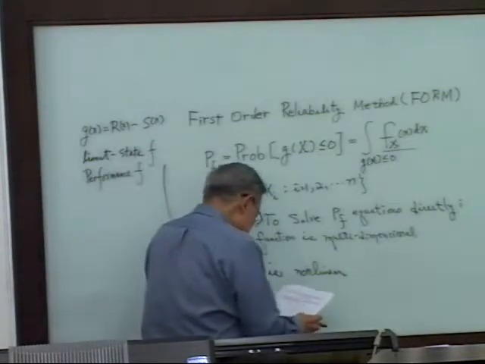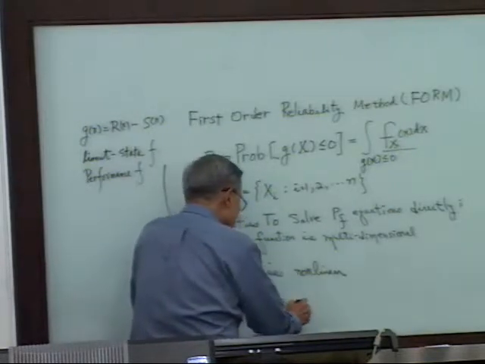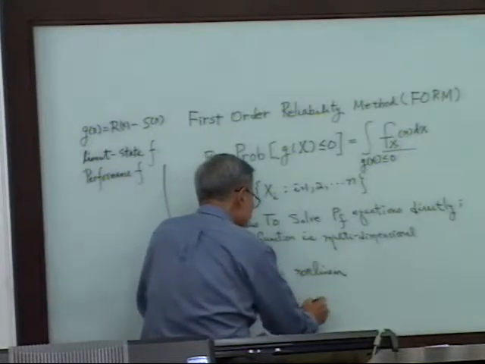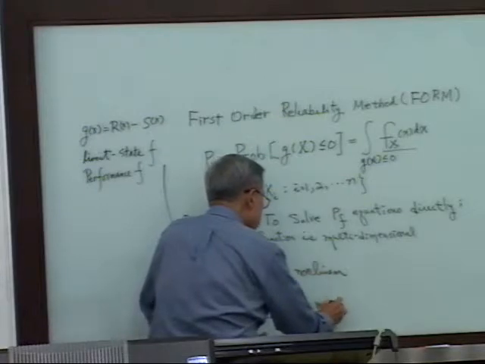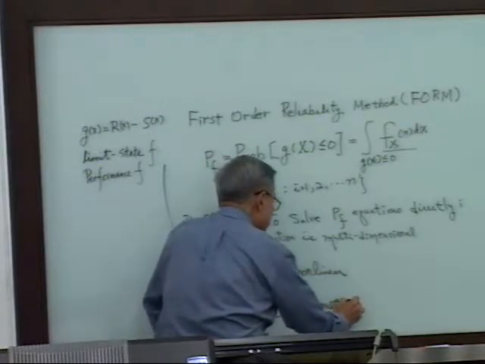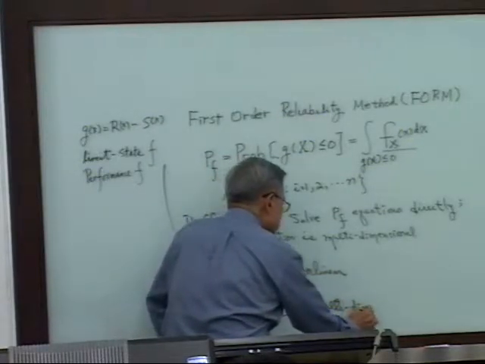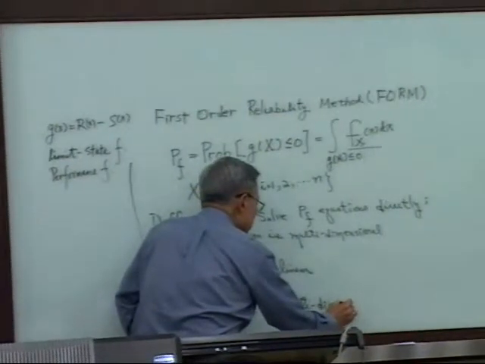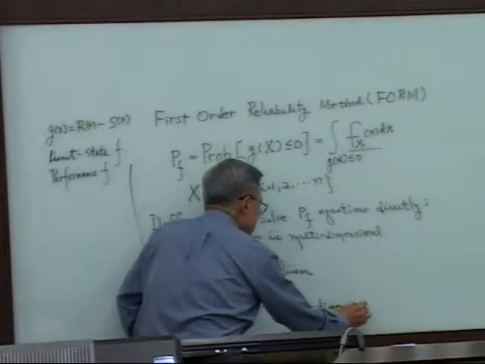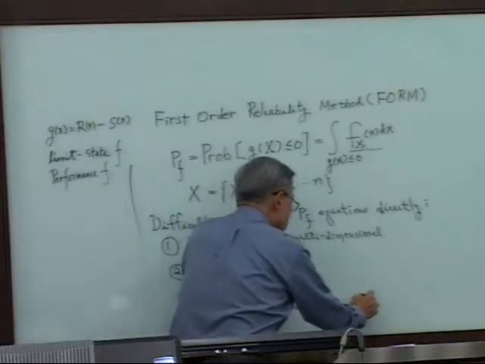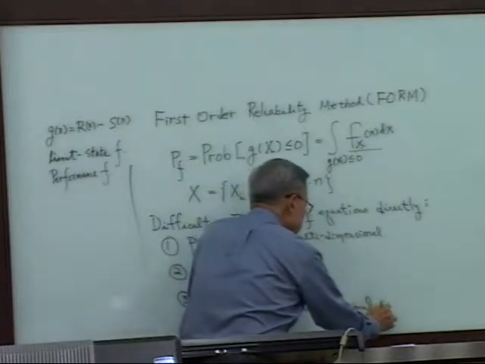So G(X) equal to 0 is of course multi-dimensional, and also nonlinear.